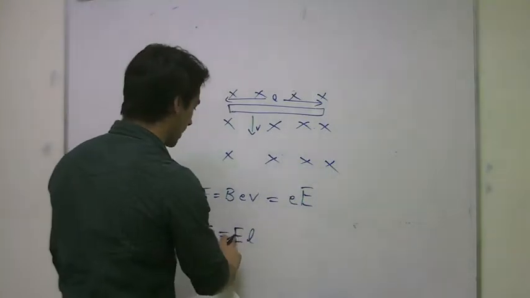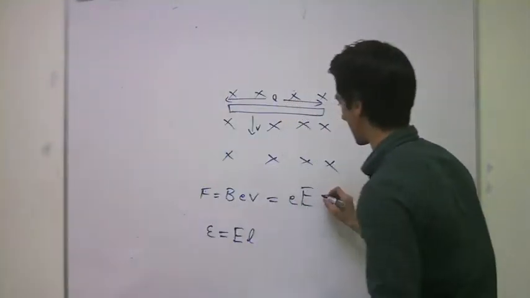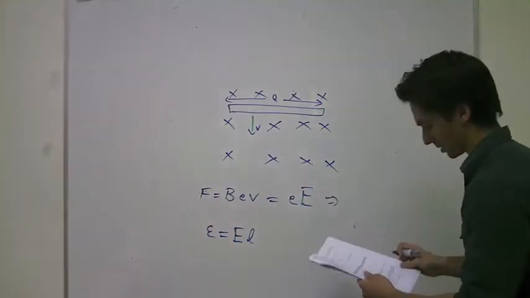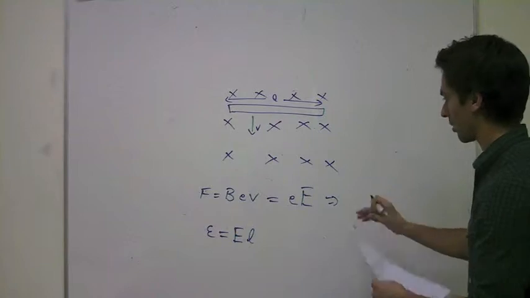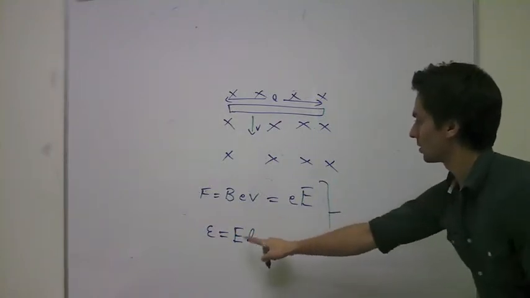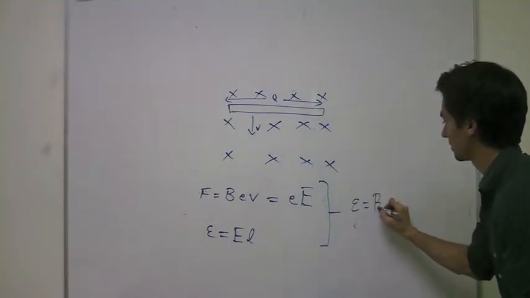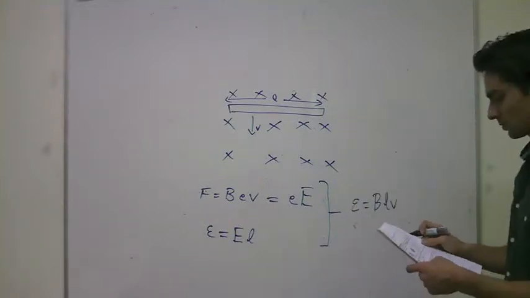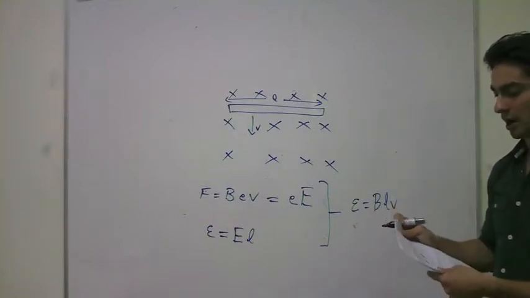So if I substitute this value over here, from both of these we can get that the EMF induced is equal to BLv. And this is for one particular conducting wire.